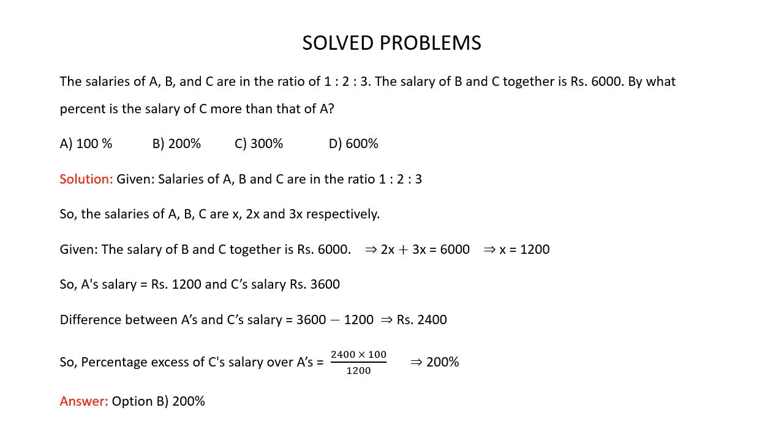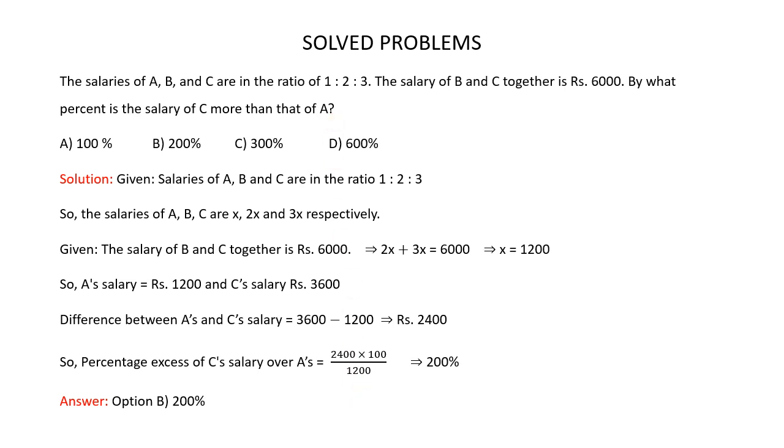So the percentage excess of C's salary over A's salary is equal to 2,400 multiplied by 100 divided by 1,200. Now here you have to understand one point. Here in the question we are asked to find what percent is the salary of C more than that of A. So C's salary is compared to that of A. So A's salary will be in the denominator.